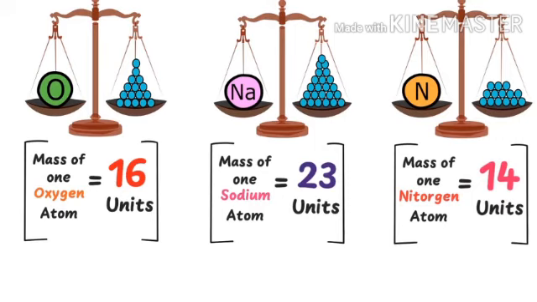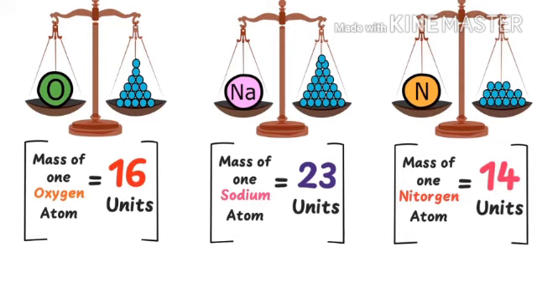If you compare it with carbon-12 units, it will not show a balance in equilibrium. So you have to add 4 more units of carbon there. In this way, the atomic mass of oxygen is 16 units. Like that, for sodium it is 23 and for nitrogen it is 14.